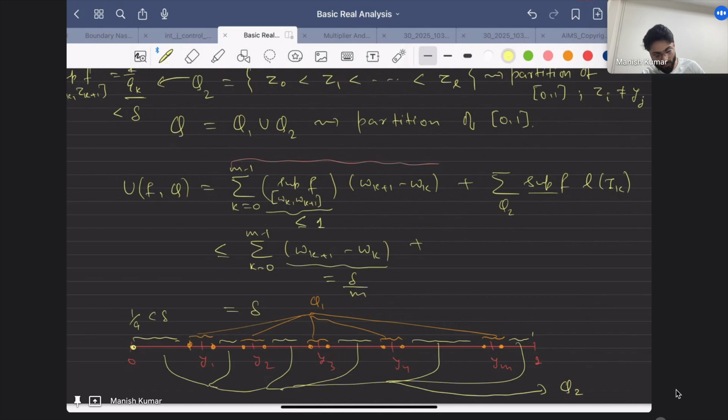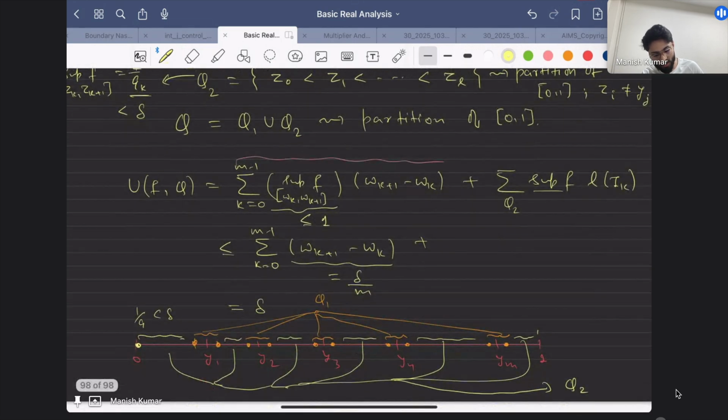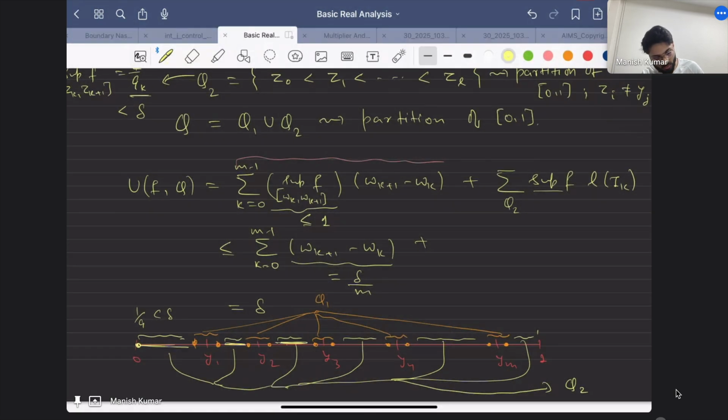So here you have to partition it, whatever partition you choose of these subintervals. Okay, and then you are done. So here this q2, this supremum is going to be less than delta, and this summation over q2, I can make it less than b minus a.